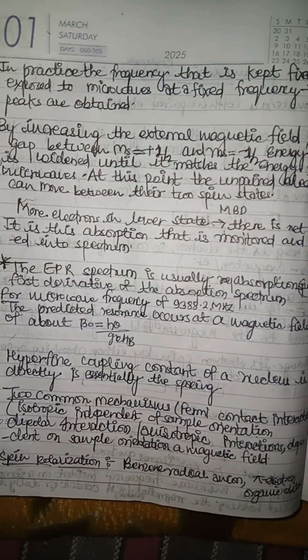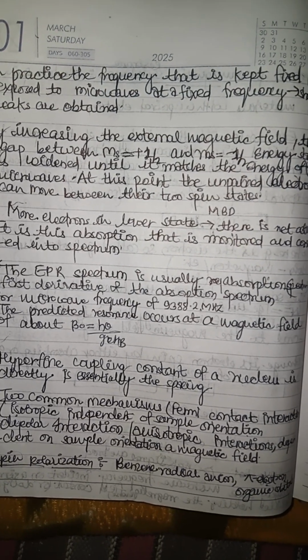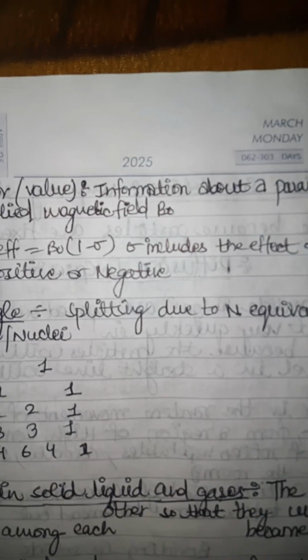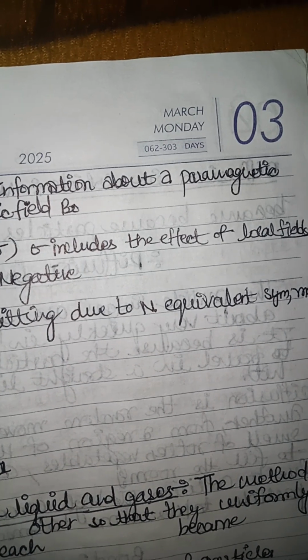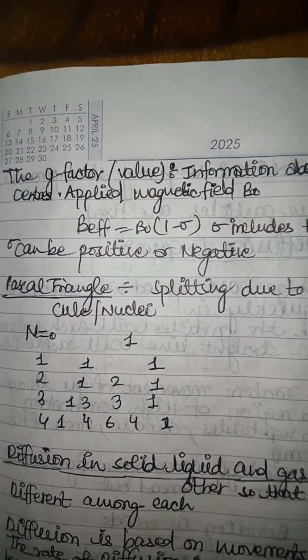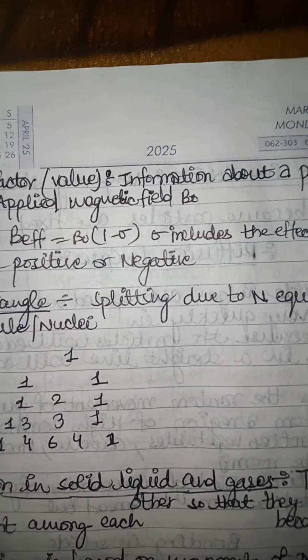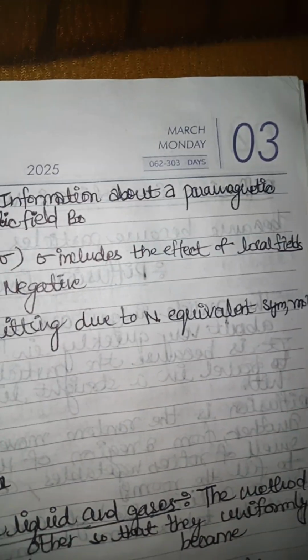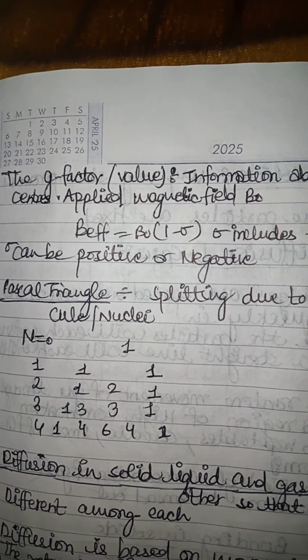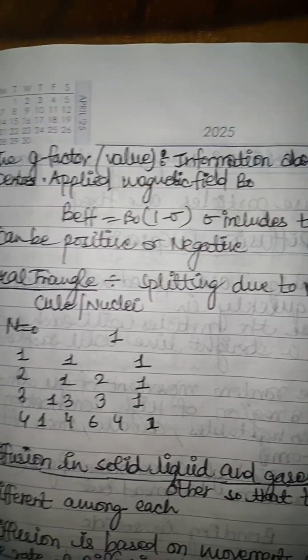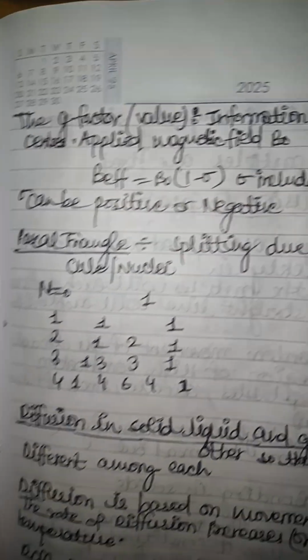Spin polarization. Benzene radical anion, pi orbital. The g factor gives information about paramagnetic centers: applied magnetic field B naught, B effective equal to B naught times 1 minus sigma. Sigma includes the effect of the local field. Sigma can be positive or negative. Pascal triangle splitting is due to equivalent nuclei.